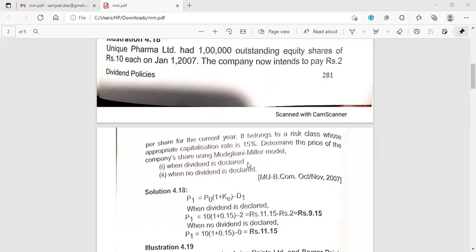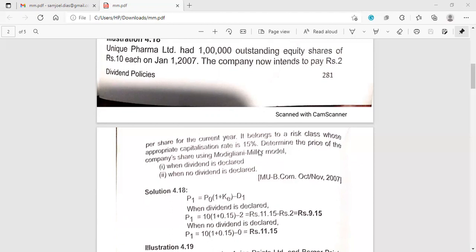The rate of dividend is given, rupees 2 per share. The company now intends to pay rupees 2 per share for the current year. P0, the beginning value of the share, is rupees 10. Cost of equity is given in the problem as 15%, that means 0.15.